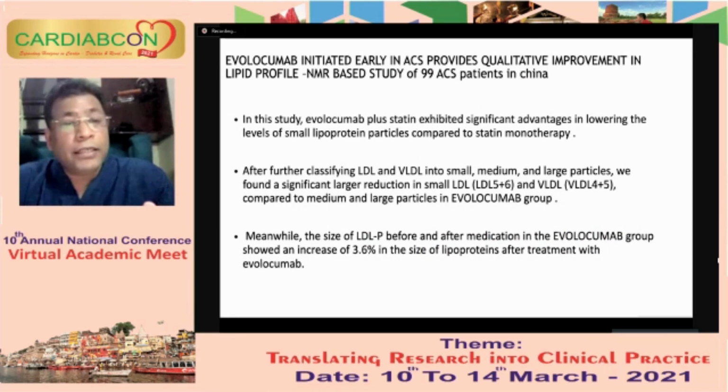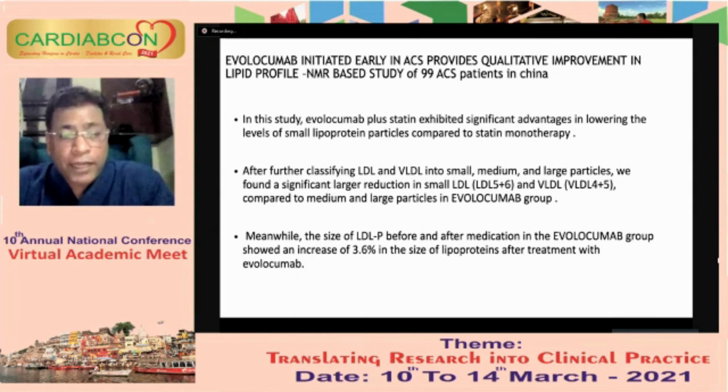And evolocumab acts there. And this is proven not just by seeing the levels of different lipid molecules, but by an MRI-based study, where we classified into LDL, VLDL, small, medium, large particles. It was found that a significantly larger reduction in small LDL and VLDL happened with evolocumab, and the size of the LDL particles before and after medication in the evolocumab group showed an increase of 3.6% in size of lipoproteins after treatment.